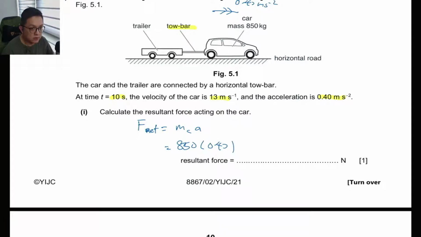And the answer you get is, wait a minute, let me scroll up. It's 340 newtons, alright? So that's it. Okay, some of you over complicated this. You go and find out your acceleration using velocity. There's no real need to do so, right?